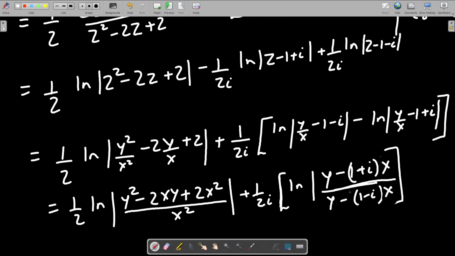Cross multiply and the x in the denominators will cancel. So this is what you're left with. Okay, so this is what we get.